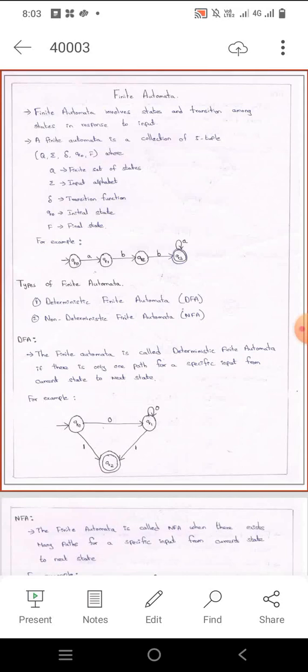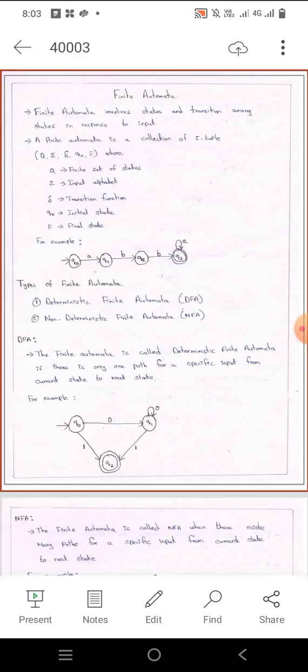So from the given example, Q naught, Q1, Q2, Q3 are called as a set of state which is represented by Q, and the input alphabet sigma is represented in this given example as a comma b, and the transition function.